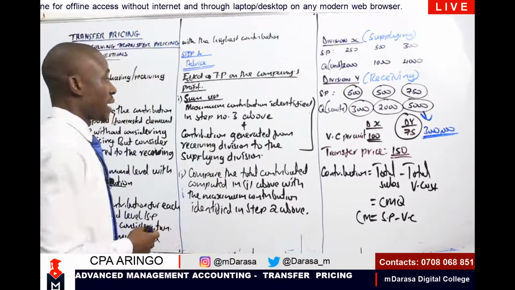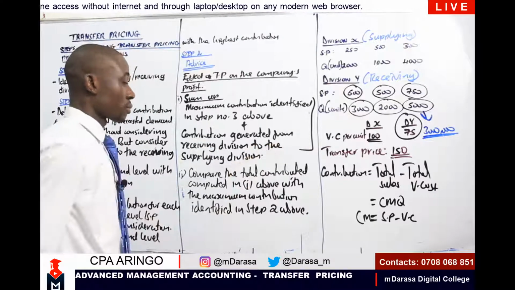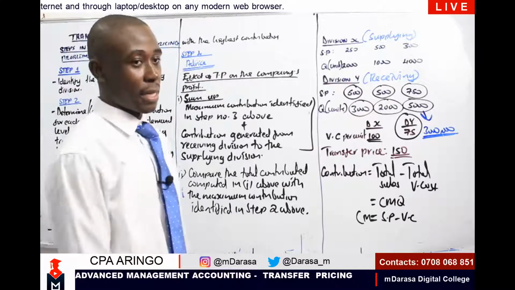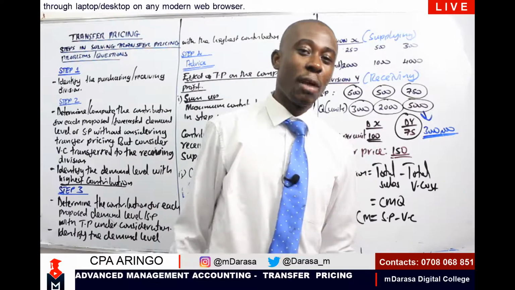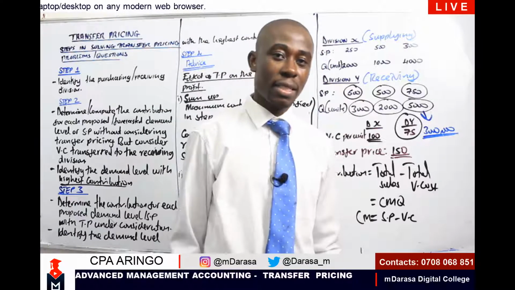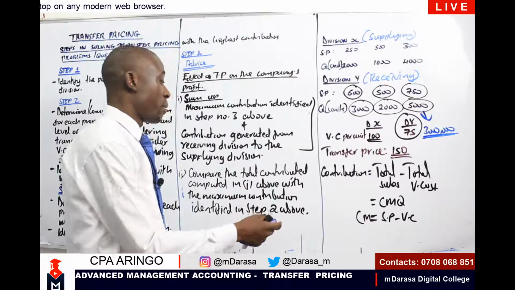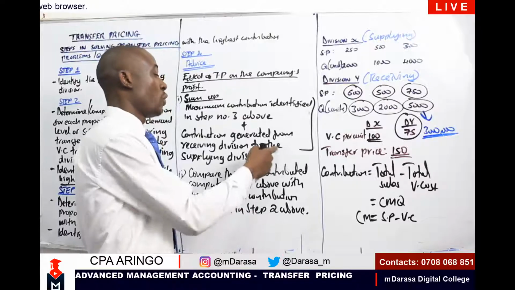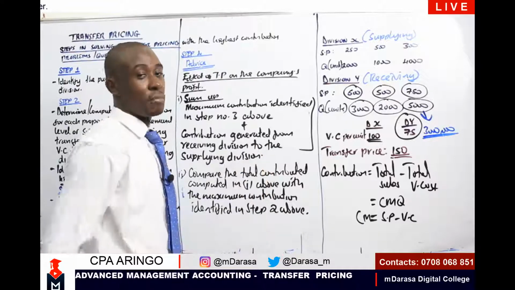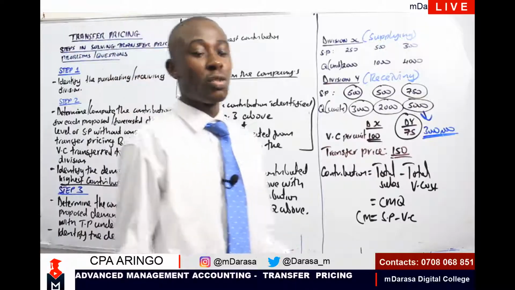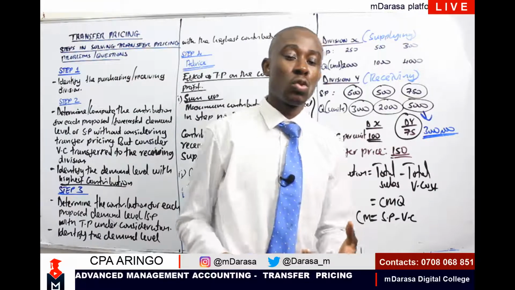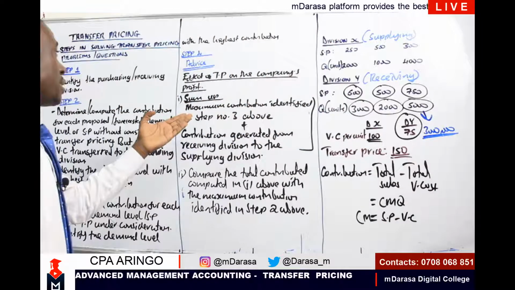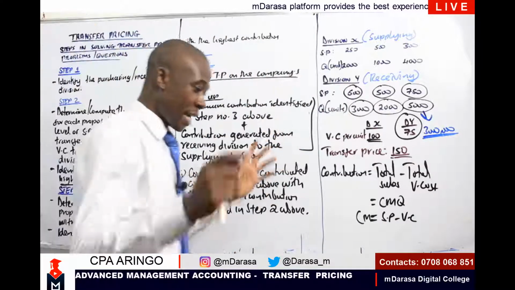If I find that with transfer pricing I'm earning more than without it, I'm going to look at that effect. I'm going to deduct, and that should give us the difference, which we'll term the effect of transfer pricing on the company's profit.